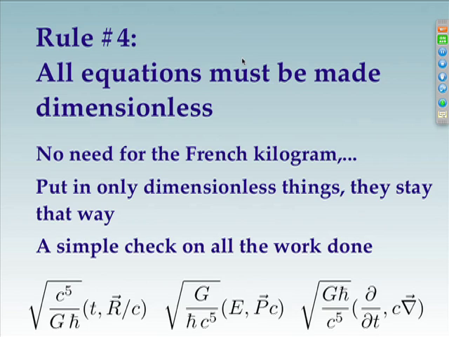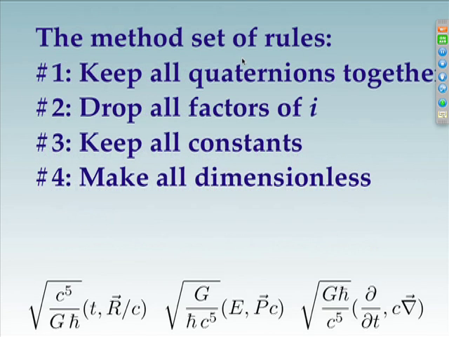So you end up writing more and having to look at that wiki page that tells you how to convert all of these units to Planckian units. But so they're the set of rules. The only one I think that's truly a little odd is using quaternions in the first place. But once you accept that, then drop factors of i, keep all the constants, make them all dimensionless. That's all we're going to do.